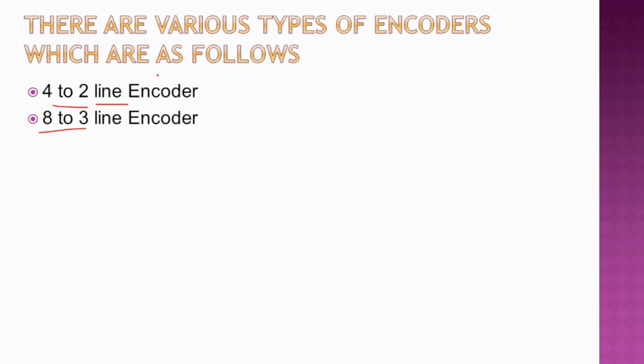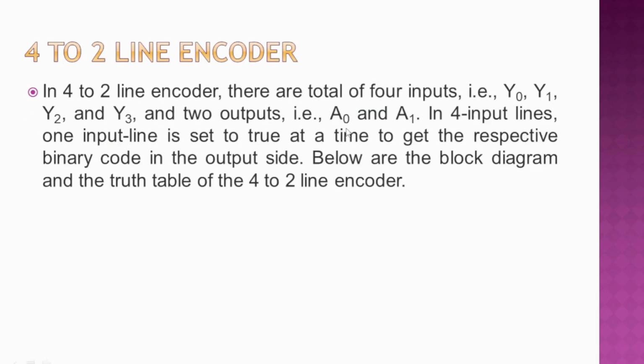In the 4 to 2 line encoder, you need to provide 4 inputs to get 2 outputs. In the 8 to 3 line encoder, you need to give 8 inputs to get 3 outputs. For the 4 to 2 line encoder, the inputs are y0, y1, y2 and y3, and it provides 2 outputs, a0 and a1.